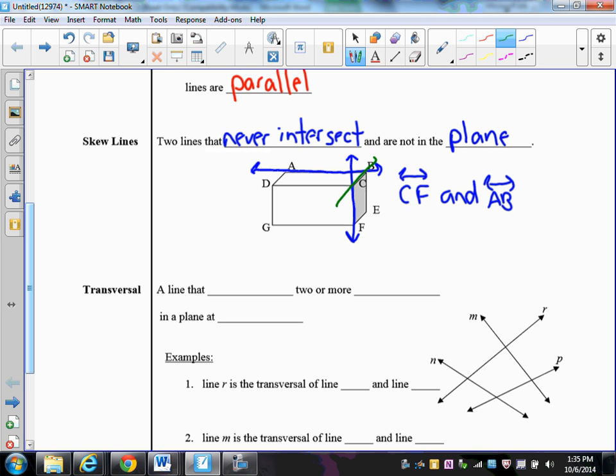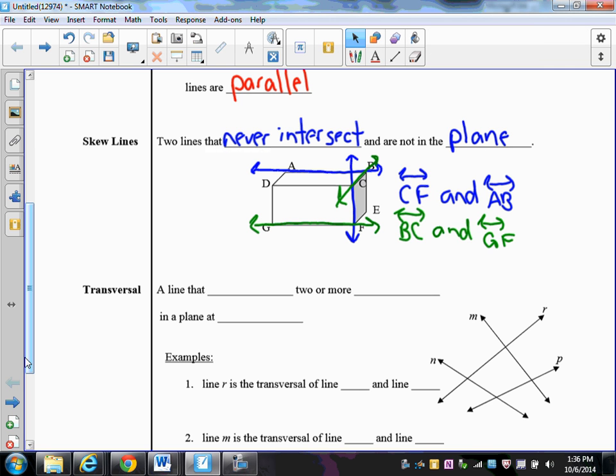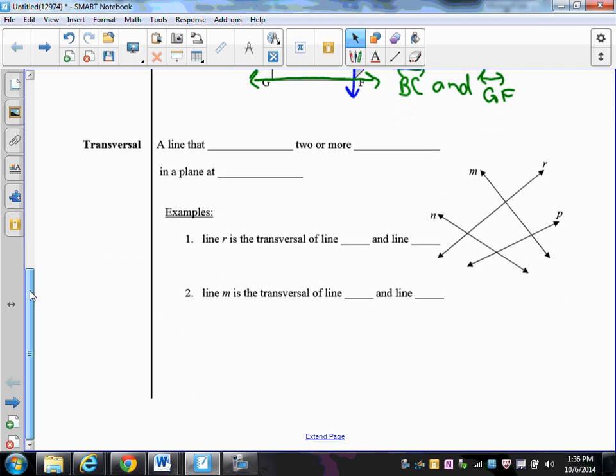Another example would be line BC and line GF. Again, just two lines that never touch. So there's a lot of different examples of skew lines. That's just a couple of them.